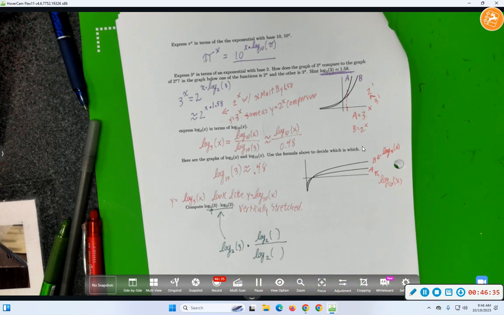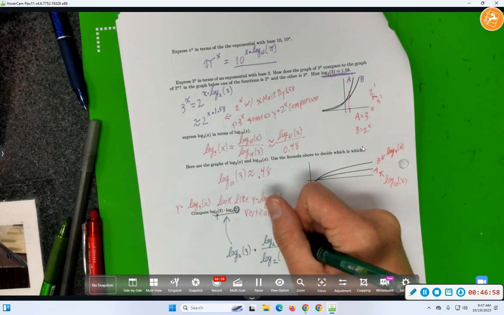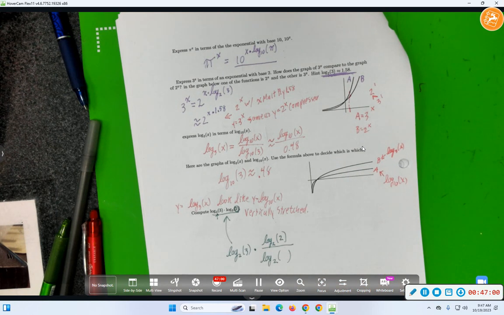What goes in those parentheses? The thing on top? Because whatever's in the parentheses goes in the parentheses on top. What should go on the bottom?